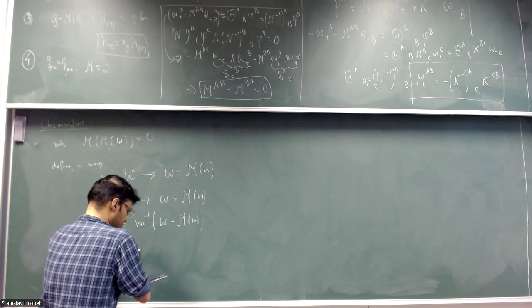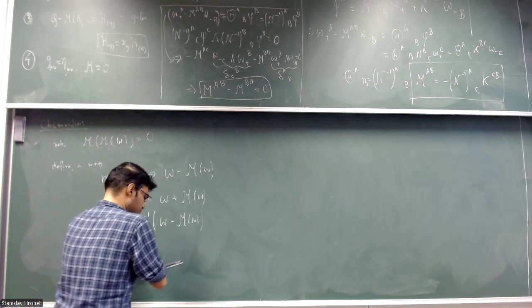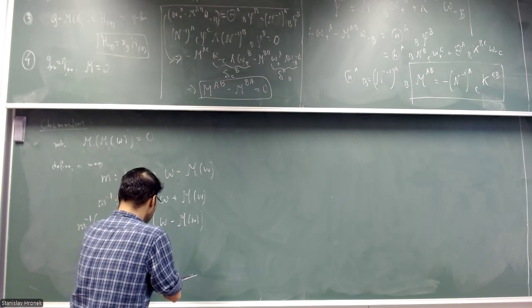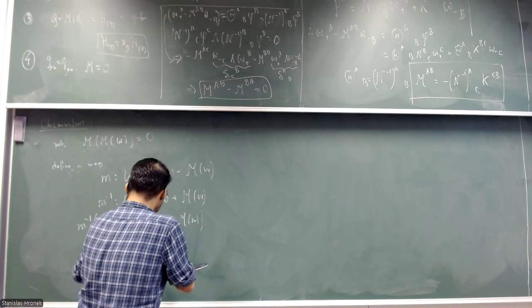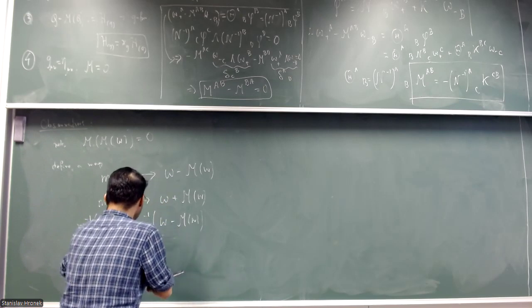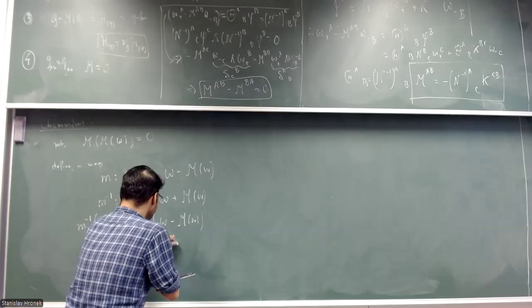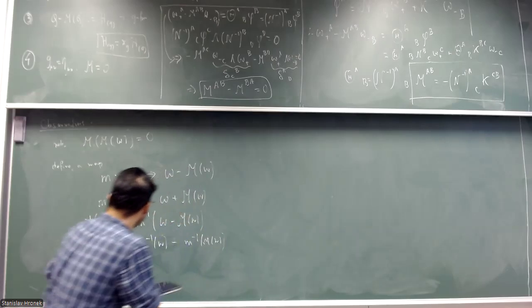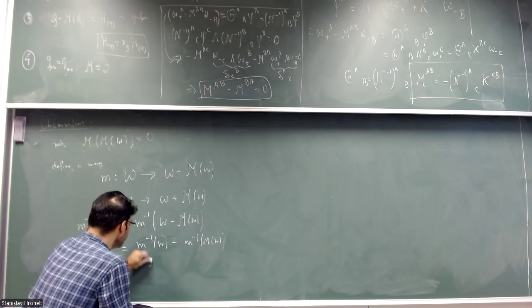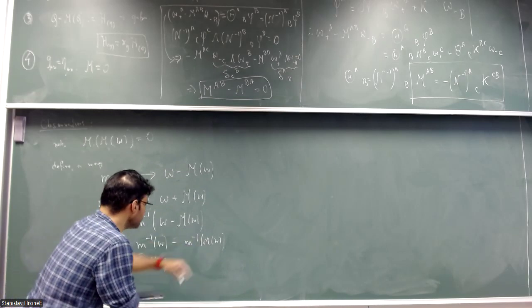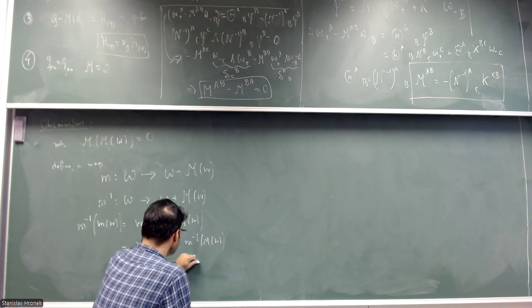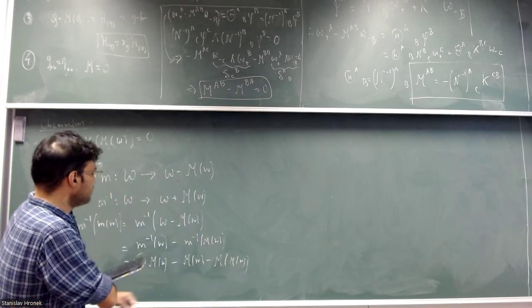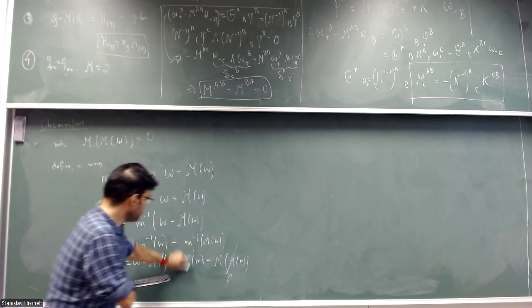It's going to give me omega plus M omega, minus M omega, minus M of M omega. This guy is 0, and these two cancel.